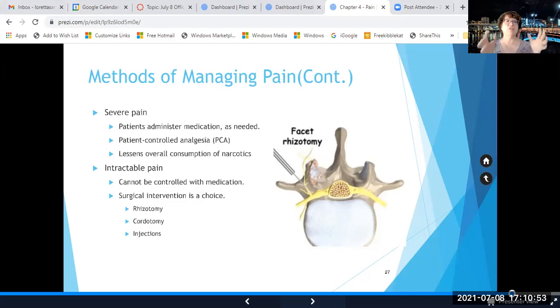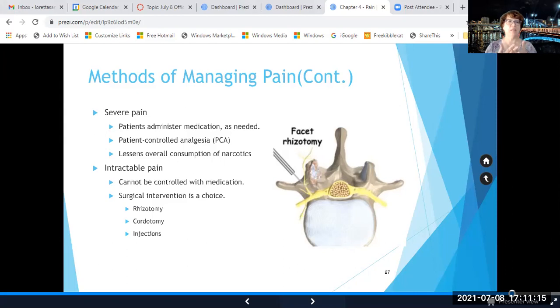It lessens the overall consumption of narcotics because they're getting little micro doses of it over time, and also gives them a feeling of control because they're the ones controlling it. There are limits on it, but they're the ones controlling it. If the pain cannot be controlled with medication, it's considered intractable, and they often use surgical intervention in that case.